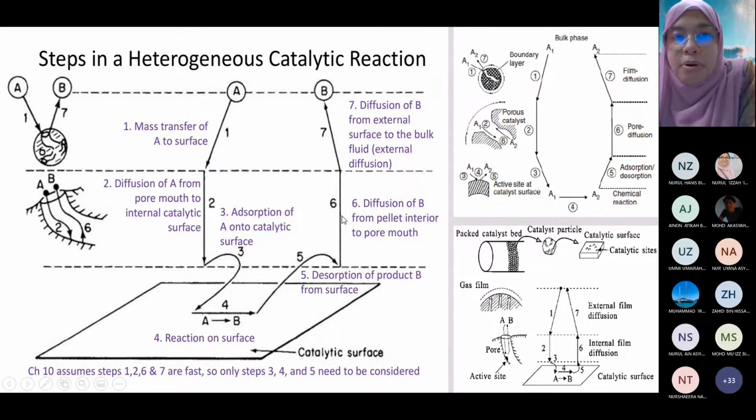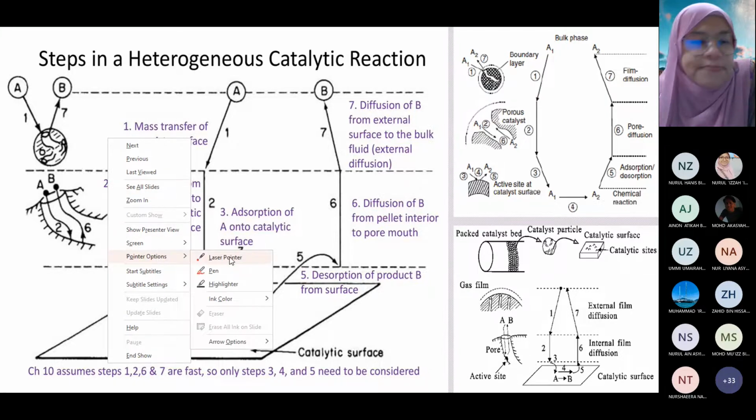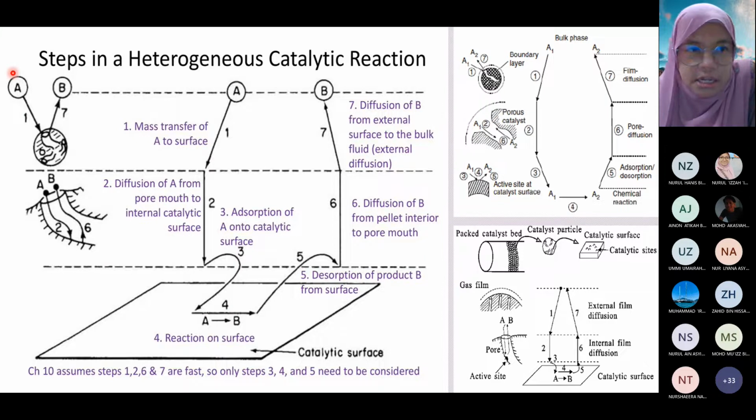Okay, yang ni for porous catalyst. Okay, steps involved in heterogeneous catalytic reaction in porous catalyst. So what is A, what is B? Okay, in this example, A here is the reactant, B as a product.